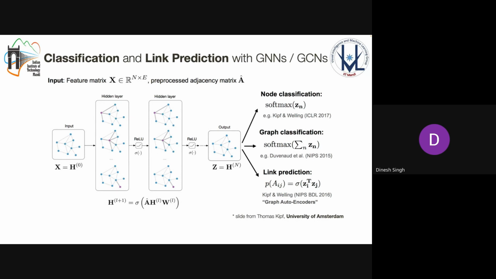Node level tasks you can directly perform with the given embedding, while for the graph level task you need to compute an average or aggregate feature vector through average, or max pooling, or whatever other aggregation function you are using.